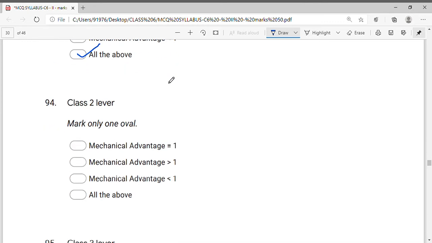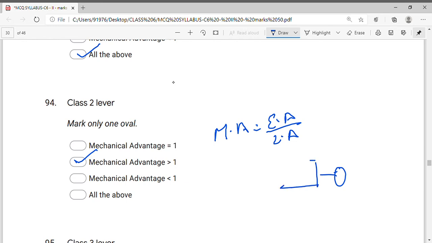In a class 2 lever, mechanical advantage is always greater than 1 because effort arm is more than load arm. Mechanical advantage is effort arm upon load arm. For example, a wheelbarrow.